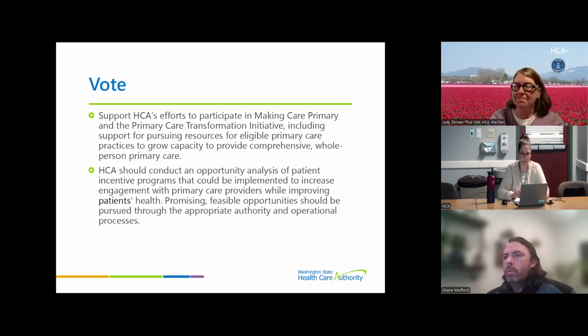Well, I do know of a very large employer, not in Washington State, who did this, and it went very, very poorly because of the capacity issue. There was just no way that the provider community could support the so-called assignment.